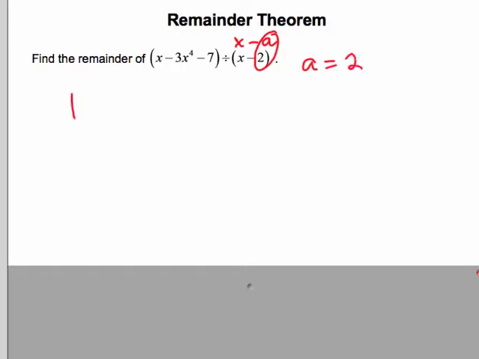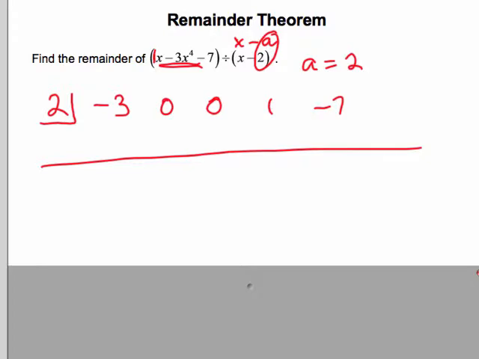A equals 2, so 2 goes in the box. And then I put my coefficients for my polynomial p of x down in order from highest degree to lowest. So degree 4 has a coefficient of -3. And then we have 0x cubed, so the coefficient is 0 on the cubed term, 0 on the squared term, coefficient of 1 on the x term, and -7 is the constant.